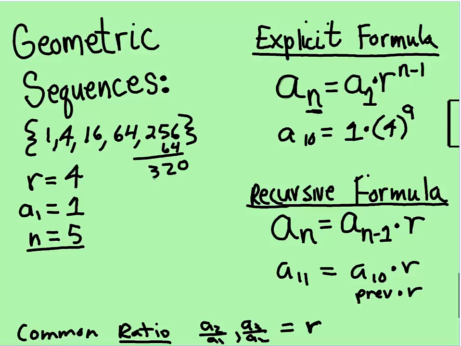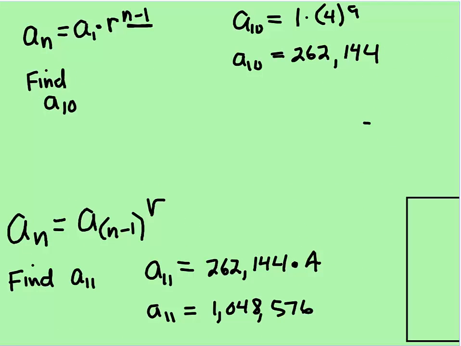You end up with 320 plus 16 is 336. Well, 4 plus 1 is 5, so 341. So that doesn't take very much time when there's just 5 terms. But what if there's 25 terms? Or what if there's 100 terms? This is a much simpler method.